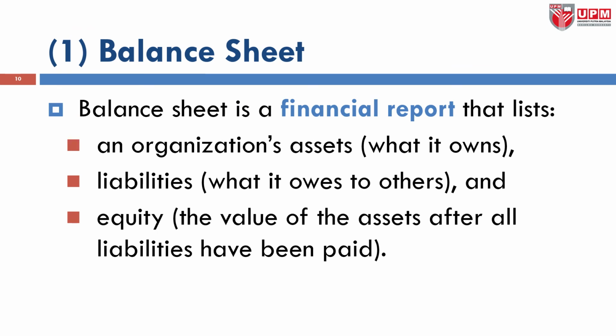A balance sheet is a financial report that lists an organization's assets, meaning what it owns. It also lists down the liabilities, meaning what it owes to others, as well as equity, the value of the assets after all liabilities have been paid.